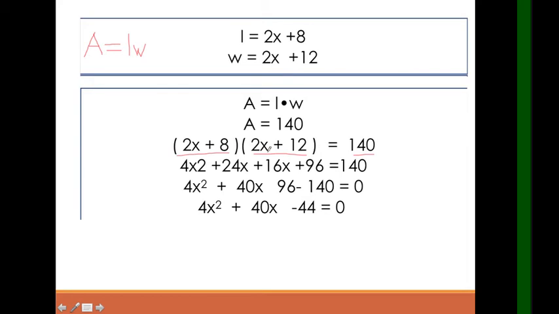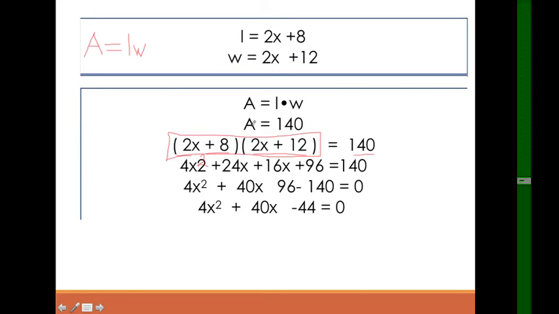So, ang una natin gagawin ay i-multiply natin ang 2x plus 8 at 2x plus 12. So, this is x squared, no? Hindi siya 2x2. It's 4x squared.